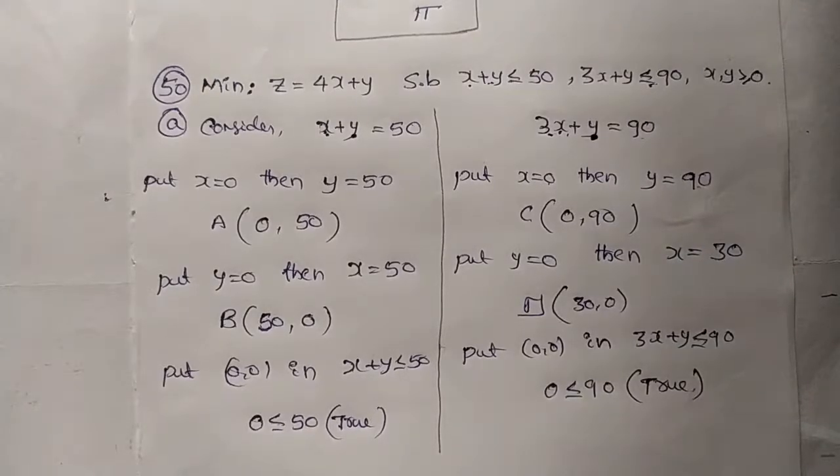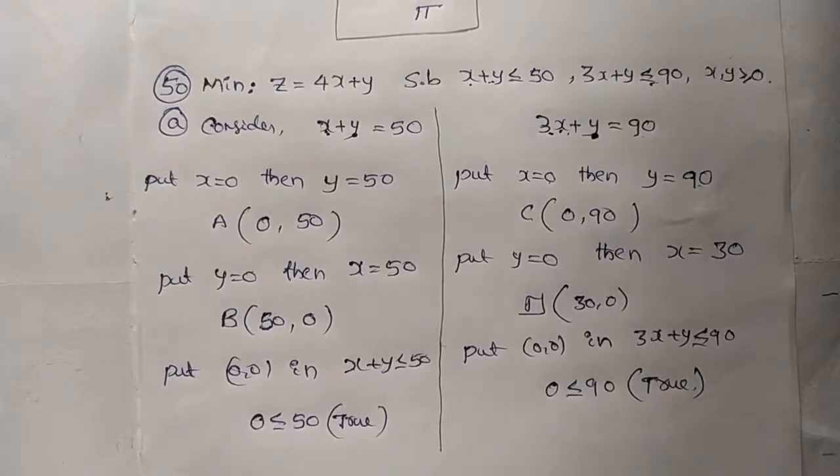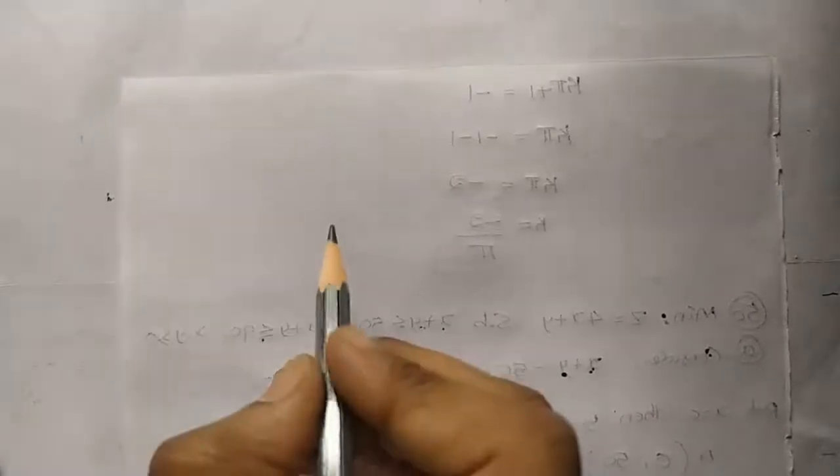I am going to explain on a white sheet itself, but you need a graph sheet for this question. Kindly draw the graph on a graph sheet only, not on a white page. Now let us draw the graph by using the points A, B, C and D.